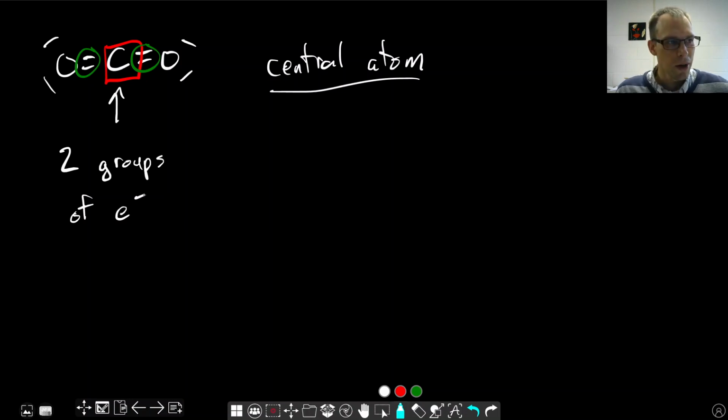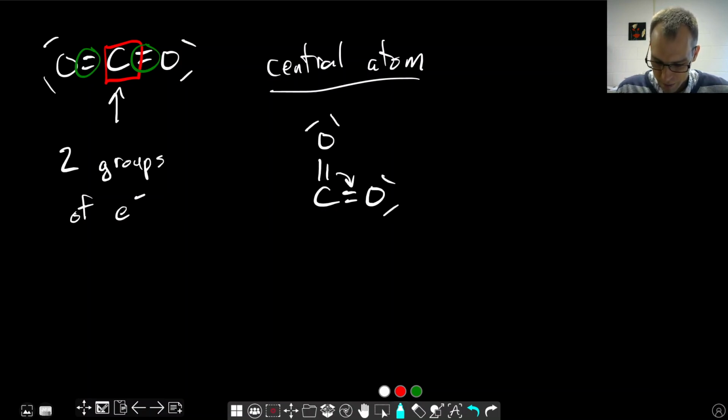And those 2 groups of electrons are going to want to be as far apart from each other as possible. So we could imagine something like this, where we have a right angle right here, this angle of 90 degrees between oxygen and carbon, but that puts these electrons closer to each other.